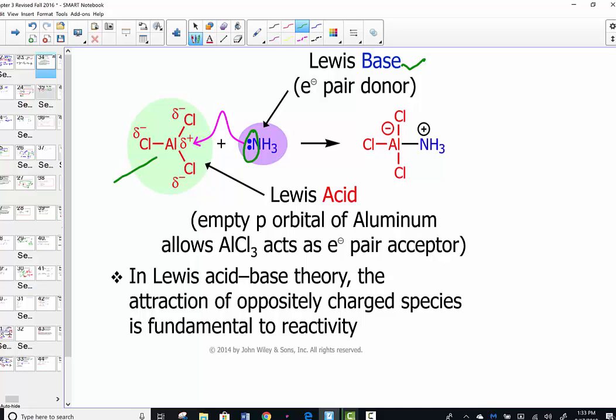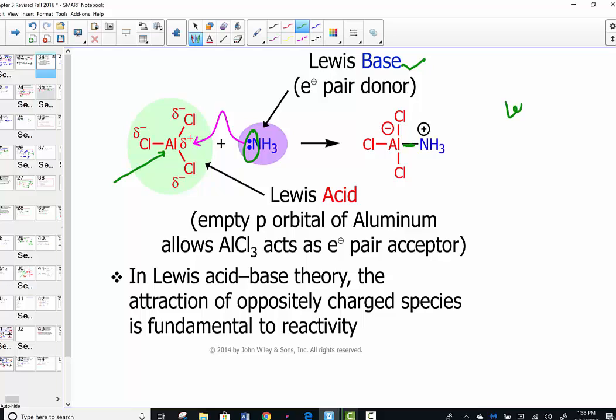And as I mentioned earlier, aluminum makes a beautiful Lewis acid because it has a valence that's deficient of an octet, so that aluminum is partially positive. And you can see that a new bond forms in an acid-base electron pair transfer.